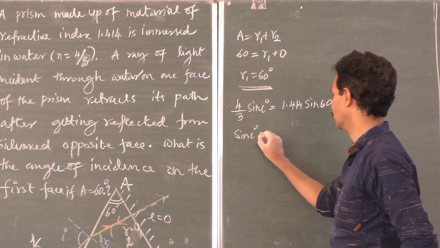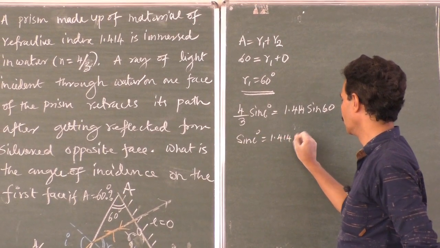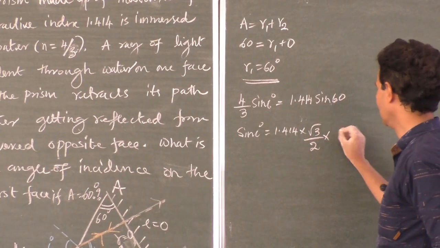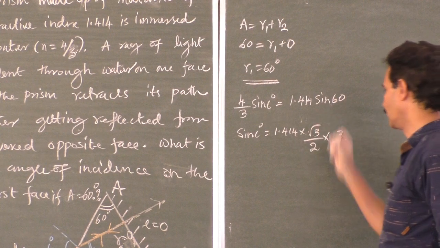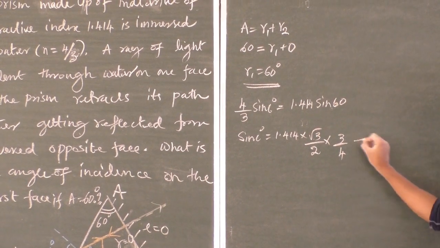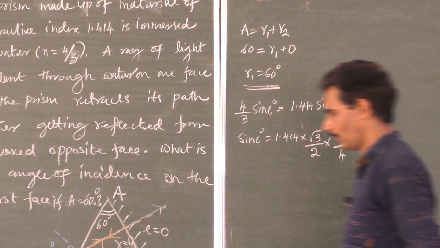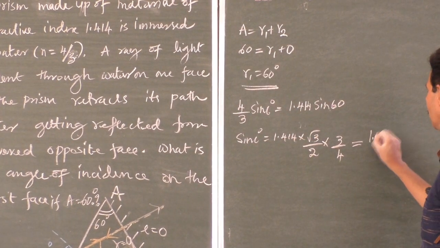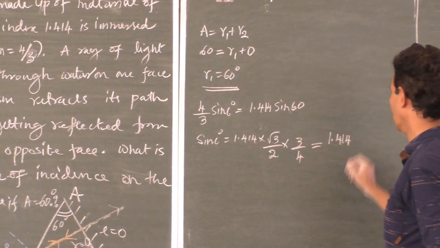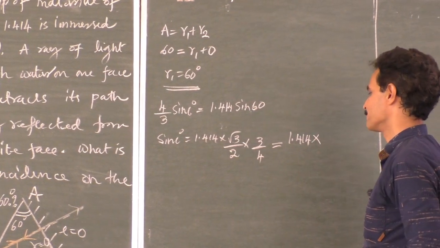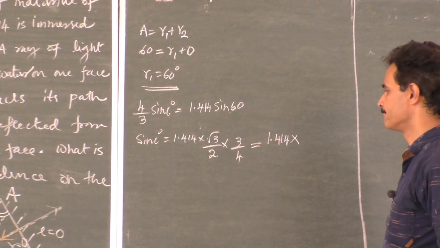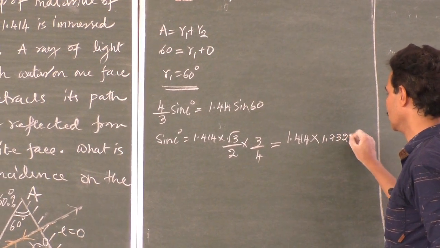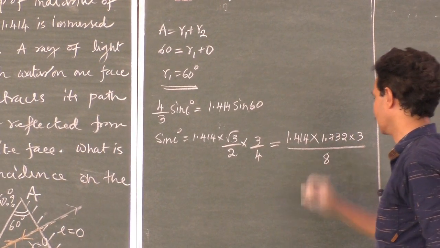Sin i is equal to 1.414 into root 3 by 2, into this 4 by 3, the 4 comes to the denominator, 3 by 4. So what is the answer of this? We will calculate it. You can take root 3 as 1.732. 1.414 into 1.732 into 3 divided by 8.